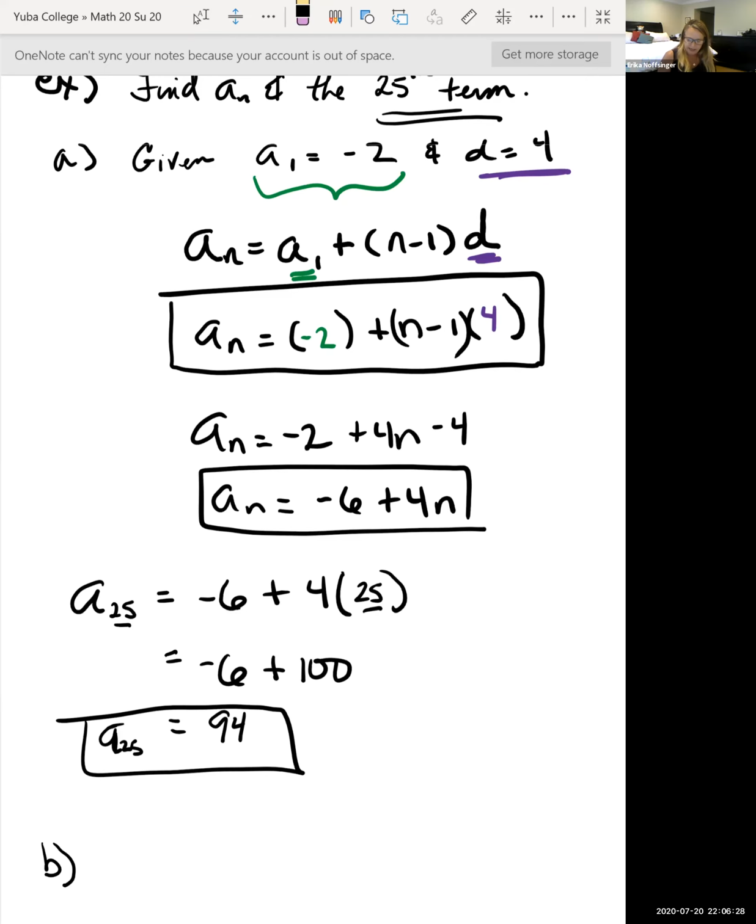So let's say instead you were given not the first term or what your common difference is, but this time you're given terms of the sequence.